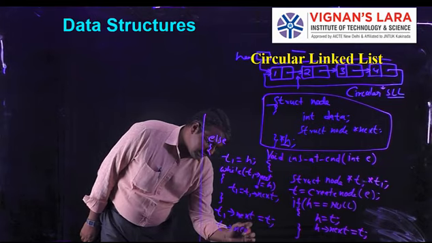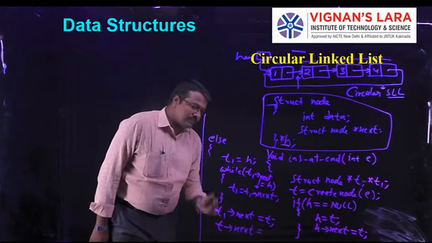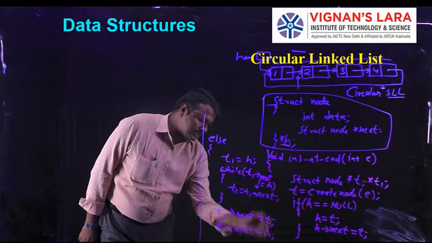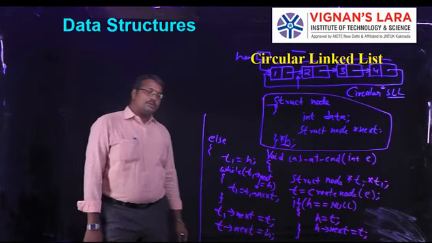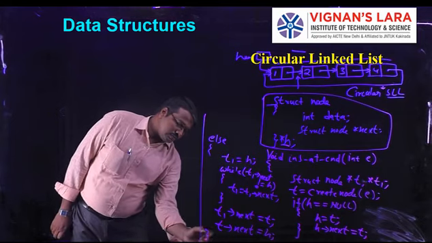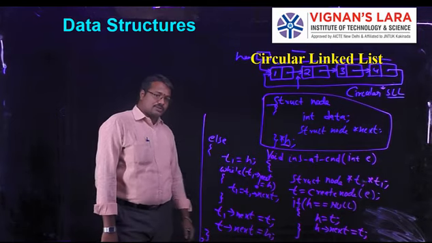That's why T of next is equal to the starting node, so H. T of next is equal to H. So else is closed, and the function is also closed.